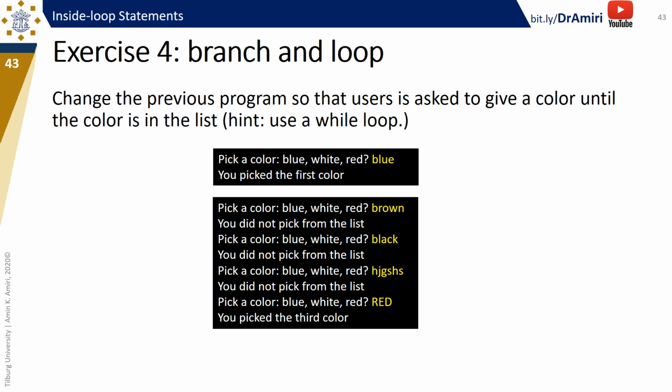If after that you give an input of black, the program says "you did not pick from the list". It continues asking for input from the user until it gets a color that is in the list of blue, white, and red. Then the program says "you picked the third color" and it stops.